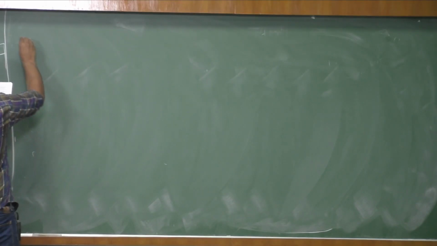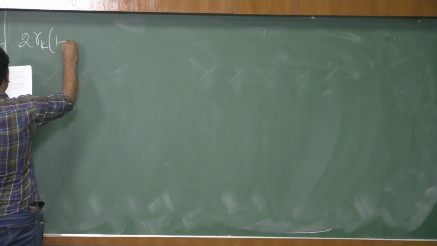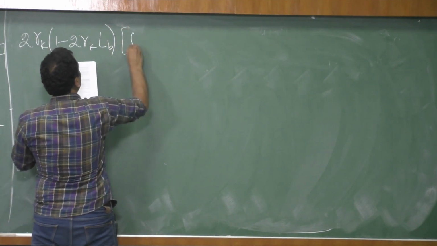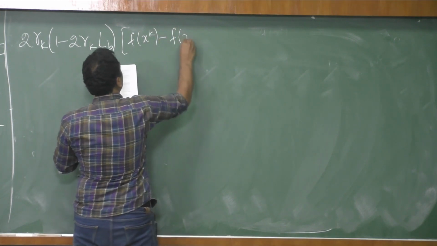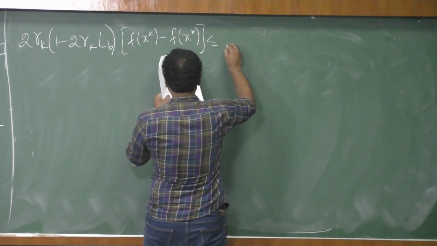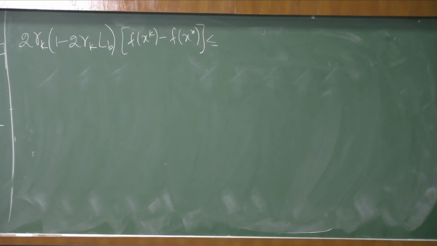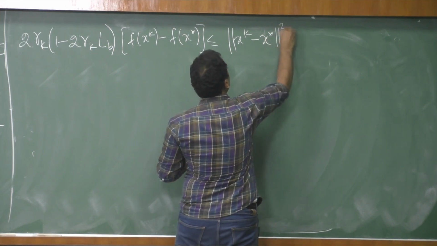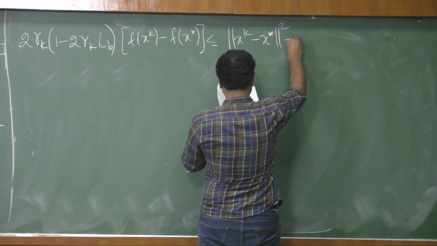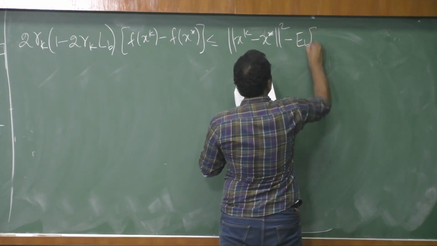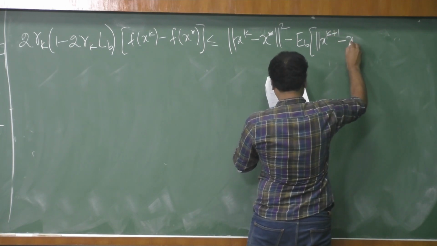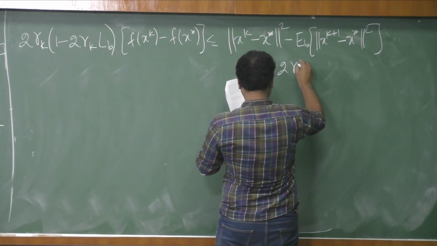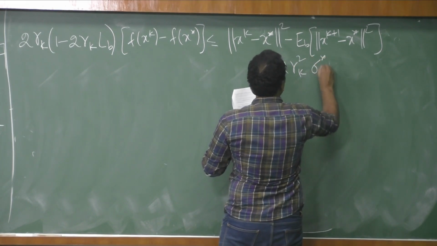So if we do that, then we have 2 gamma k (1 minus 2 gamma k LB) times f(xk) minus f(x star), which is less than or equal to norm of xk minus x star whole squared, minus the expectation of norm of xk plus 1 minus x star squared, plus 2 gamma k squared sigma star b.